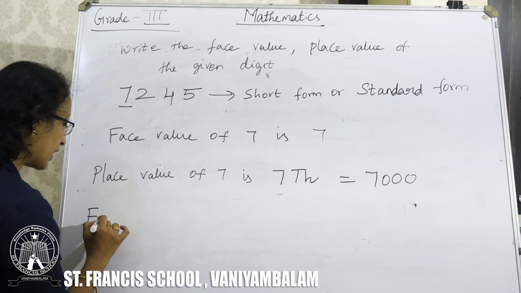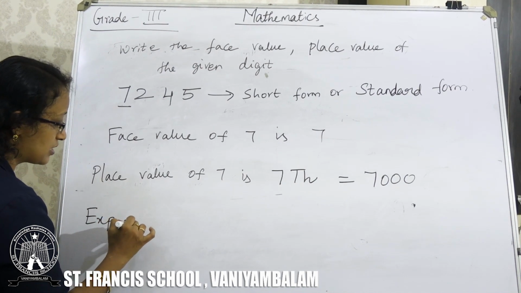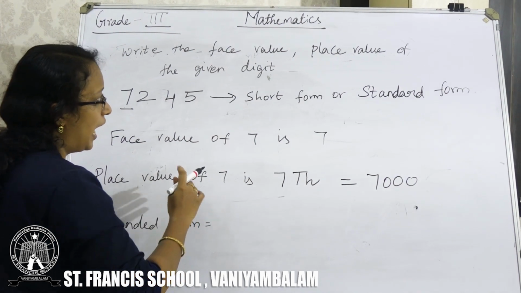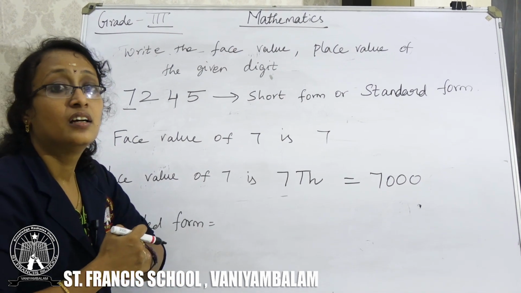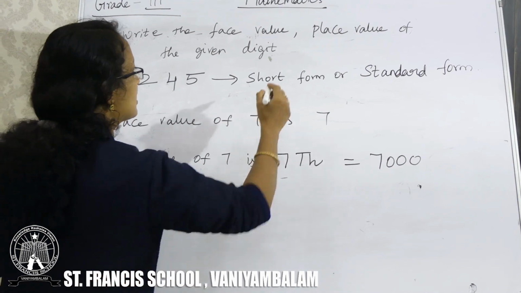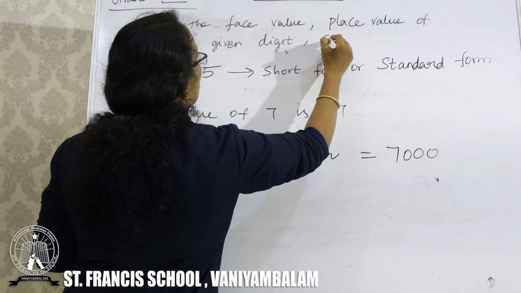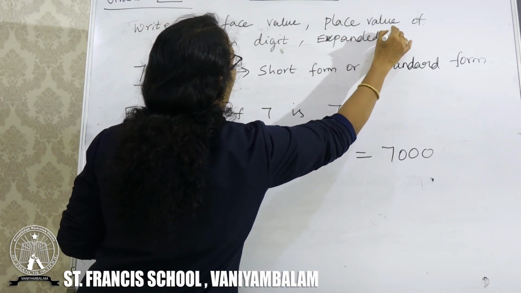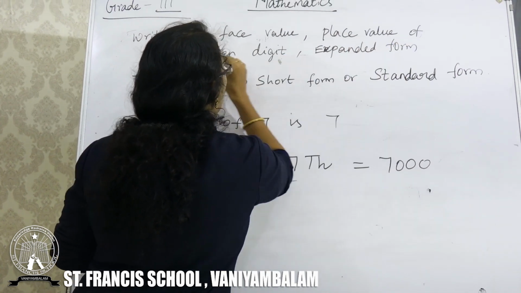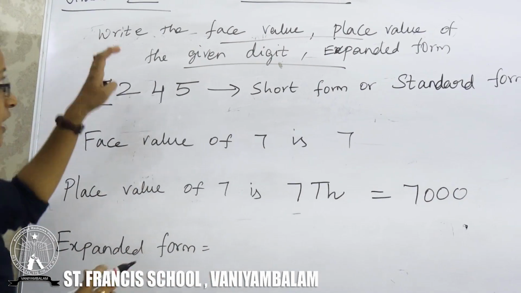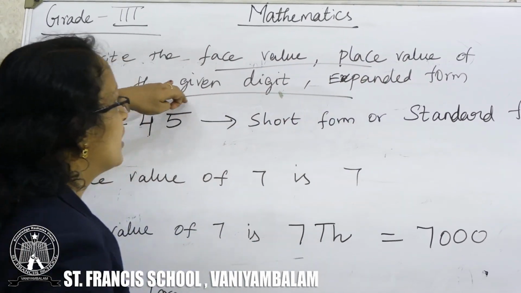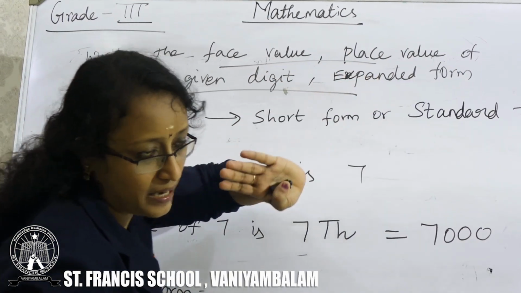Next we are going to write the expanded form also. Let us write the expanded form. I am going to find the expanded form for this number. This is our question: write the face value, place value of the given digit and the expanded form.